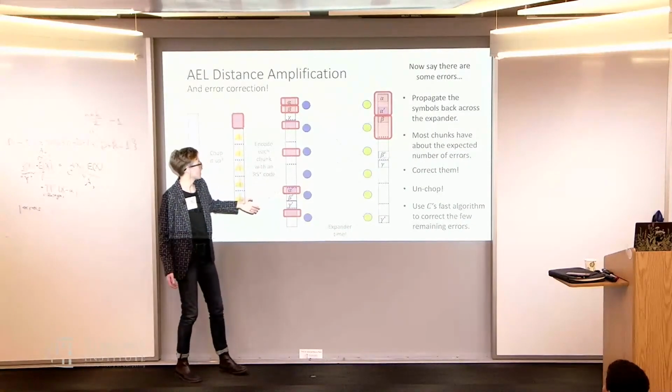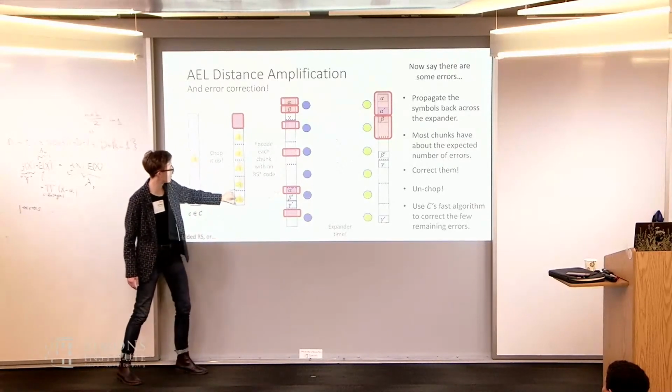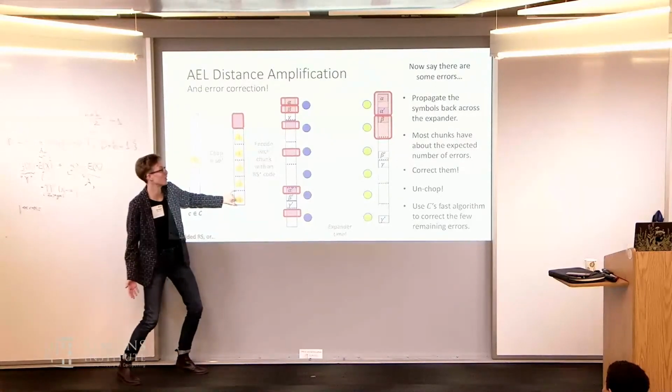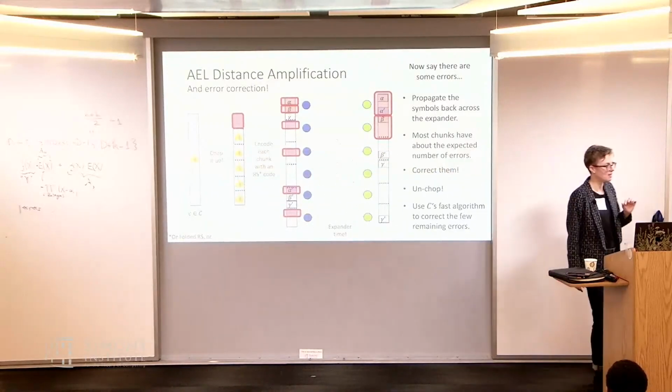If the blocks were linear over some extension field, then that will be destroyed. But linearity over the small field will be maintained.